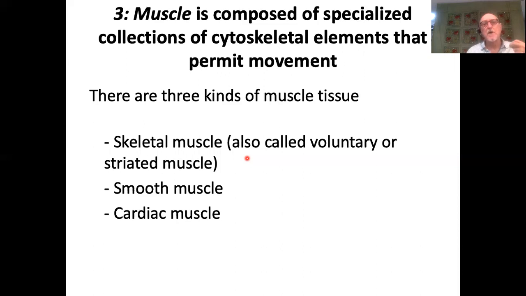These are muscles which are not under voluntary control. They are under nervous control of part of our nervous system that we'll learn about later, called the autonomic nervous system, the unconscious part of our nervous system. The third kind of muscle is very specialized, and that is cardiac muscle.